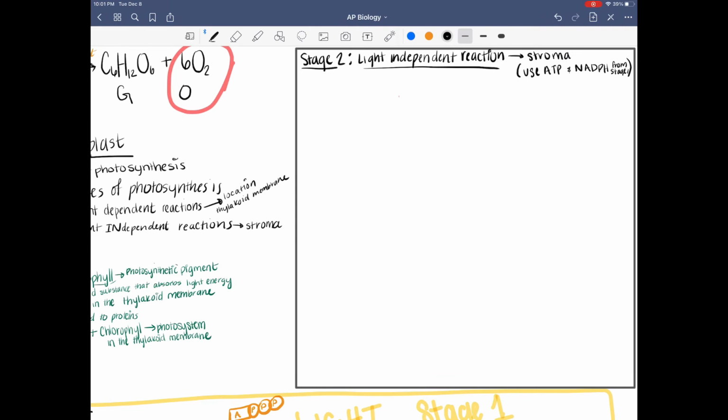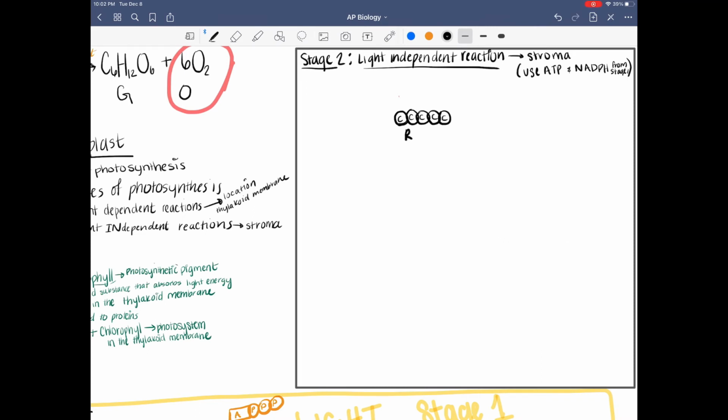The process in stage 2 will start out with a 5-carbon molecule that you just need to know, RuBP. Even though we call this a 5-carbon molecule, remember that it doesn't mean it's just those 5 carbons.